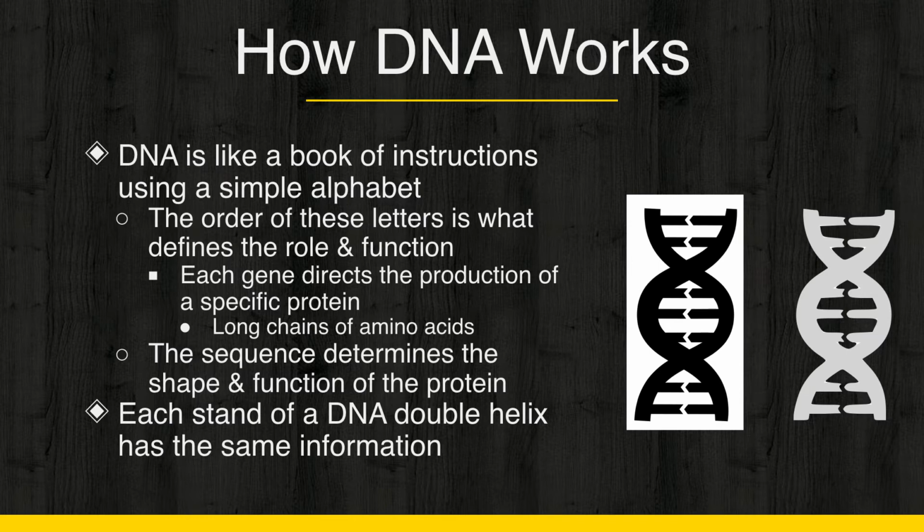Each of these genes directs the production of a specific protein, which is a long chain of amino acids. It's the sequence that determines the shape and the structure of that protein, and the function of that protein, and what gives that protein its role within the body.